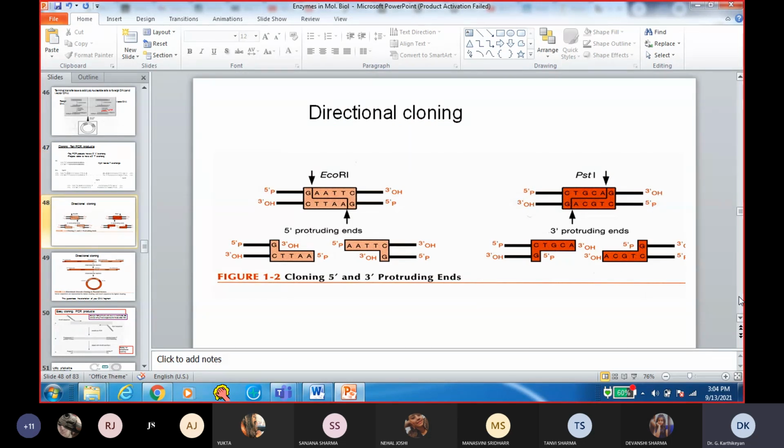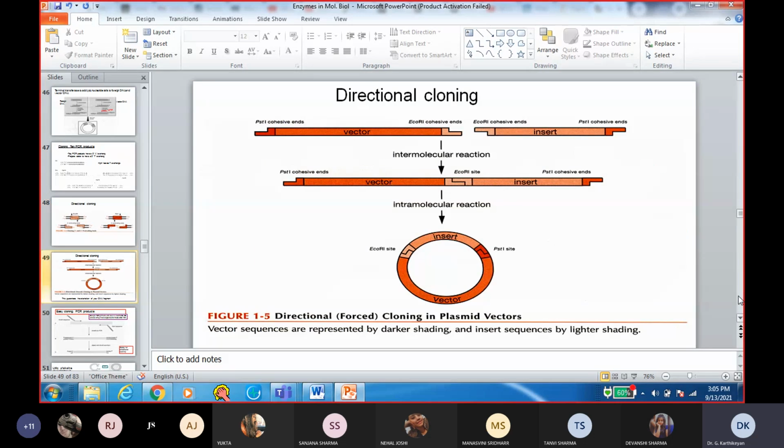The other is directional cloning, where typically you can use a combination of enzymes, either single enzymes or double enzymes. People have started using two different restriction enzymes, so that the probability of the vector or the insert itself ligating back is minimized, and you essentially force the entire thing to be an intermolecular reaction.